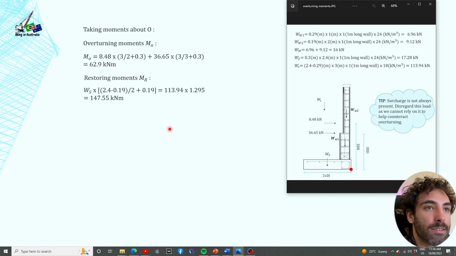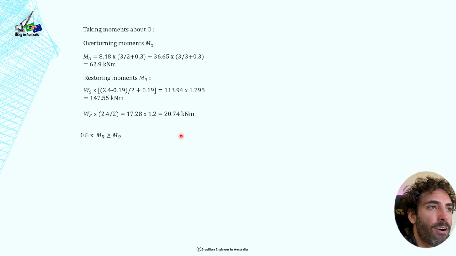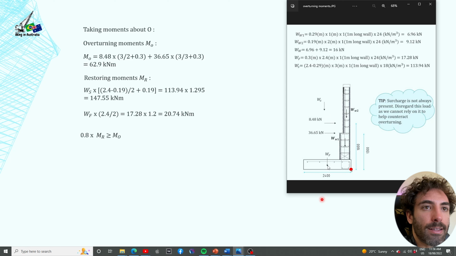147.55 kilonewton meters. Okay, so now we are going to find the restoring moment for the footing. Just going to bring that image back again. So the footing, WF here, that's the self-weight of the footing we found before, which is 17.28, and we're just going to multiply that by the distance from the centroid of this footing, which is a rectangle, to the point O. That's very simple.